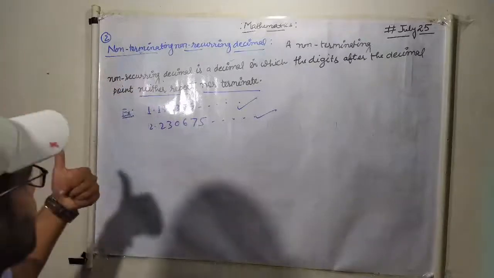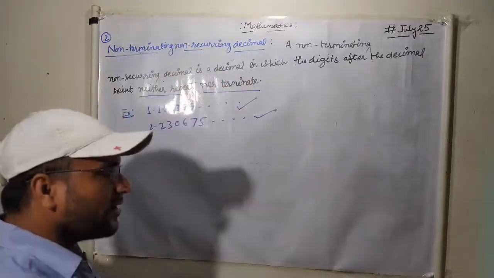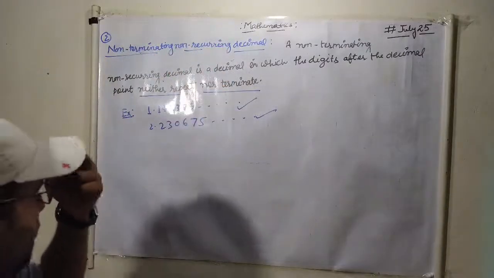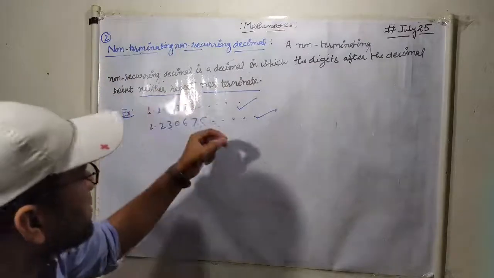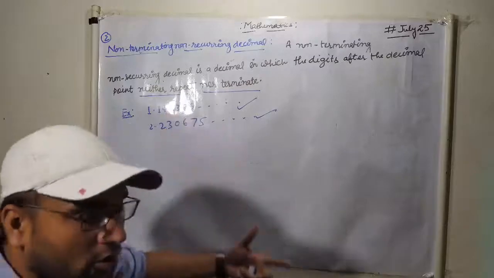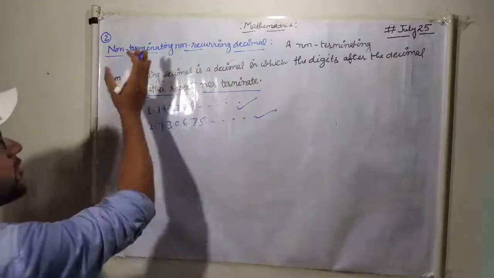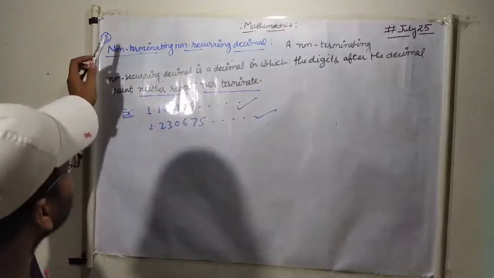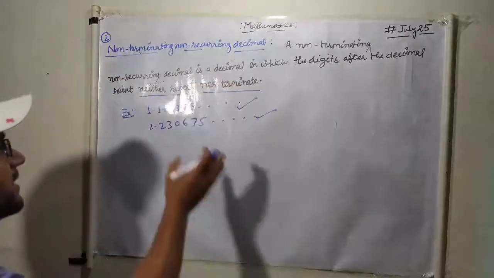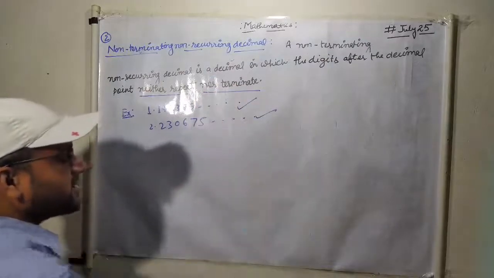First one is a recurring decimal and second one is a non-terminating, non-recurring decimal. In a recurring decimal, it repeats after 1 digit or a block of digits after the decimal point. But in the non-terminating, non-recurring decimal, it neither repeats nor terminates. For example, this one.